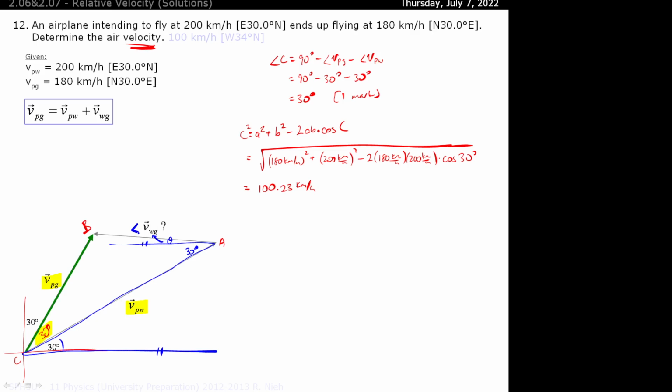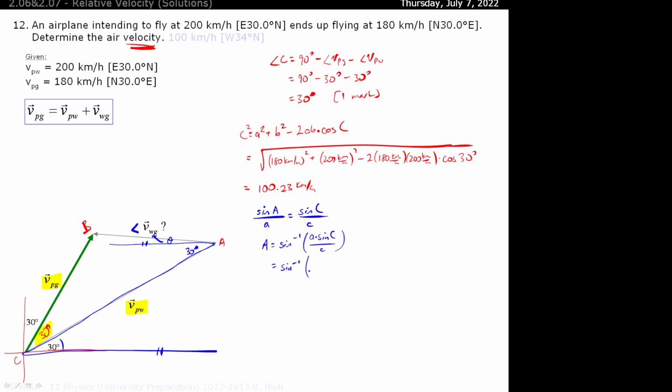Okay, so we got to find out angle A first, so let's work through that. Probably sine law, trusting that it'll work out: sine A over lowercase a is equal to sine C over lowercase c. So A is equal to the sine inverse of little a times sine capital C over lowercase c. Where's little a?